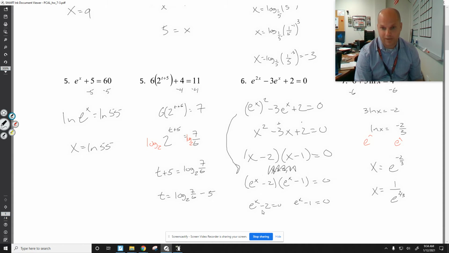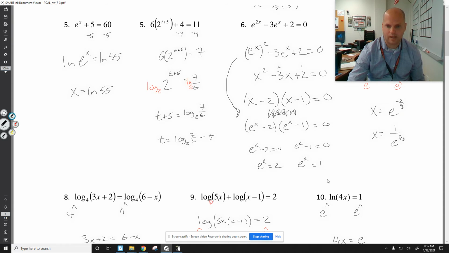Now we can solve. I would add 2 to both sides here. I would add 1 to both sides. And then how do I solve for x? E to the x, take the log base e of both sides. I'm taking the natural log of both sides. Natural log is the same as log base e.